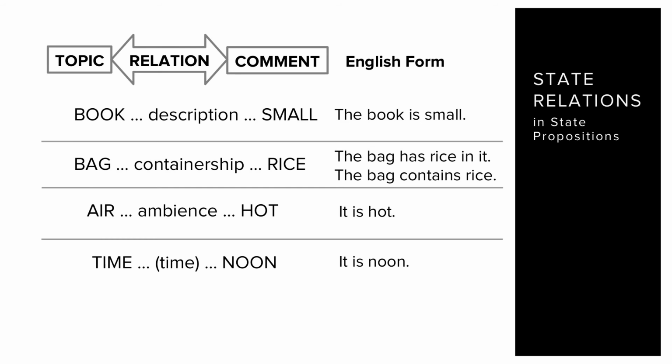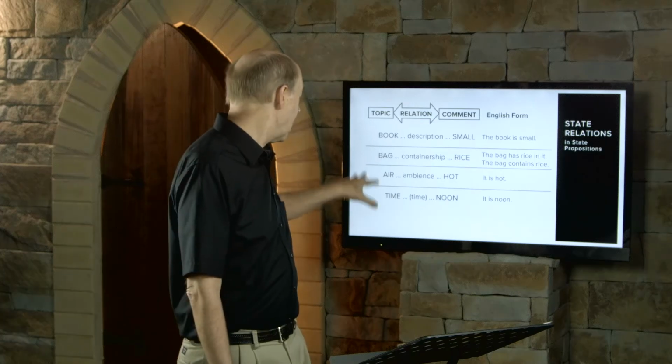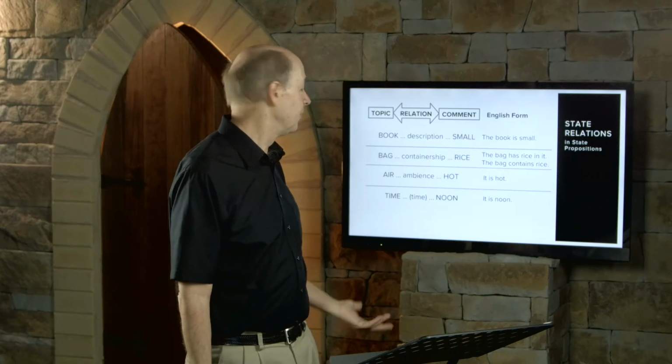So bag is the topic, rice is the comment, containership is the relation between these two concepts. So that would be the bag has rice in it, the bag contains rice. Air is the topic, hot is the comment, and ambience is the relation between them. It is hot. Or time is the topic, noon is the comment, time, again, is the relation between them. It is noon.